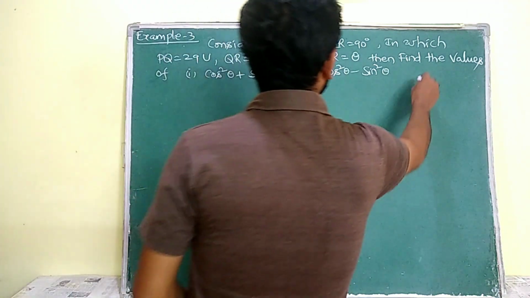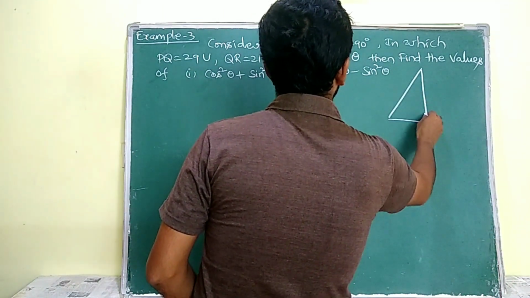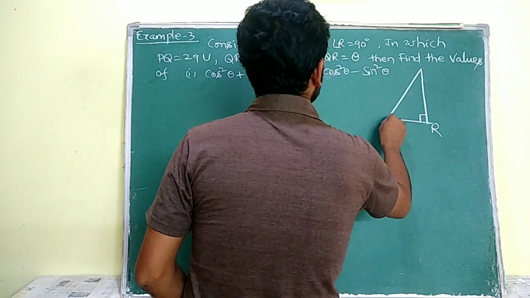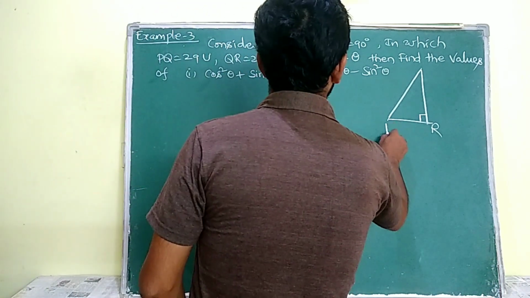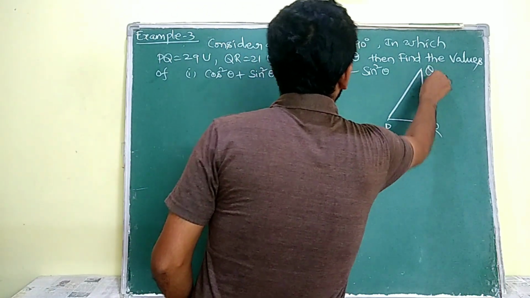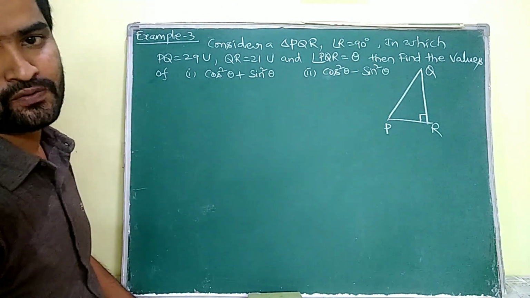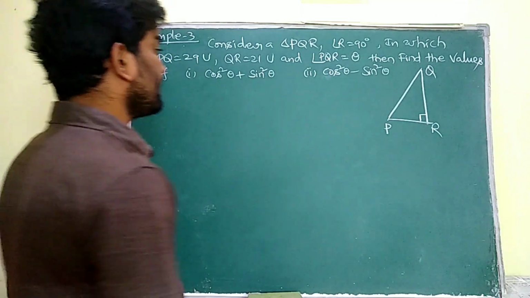Firstly, draw the triangle for the given data. Now see, in this triangle PQR, he stated that angle R is equal to 90 degrees. That means you may write P here, Q there, or you may write Q here, P there.